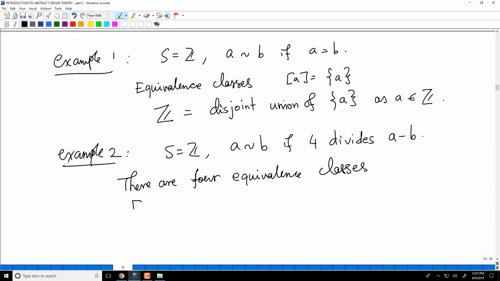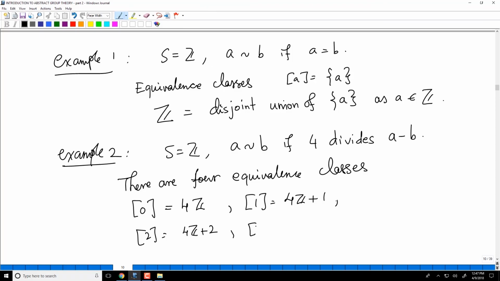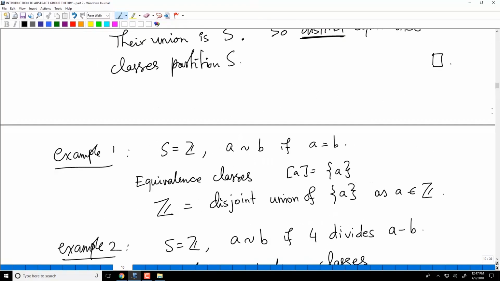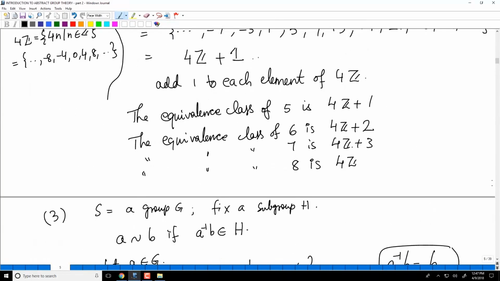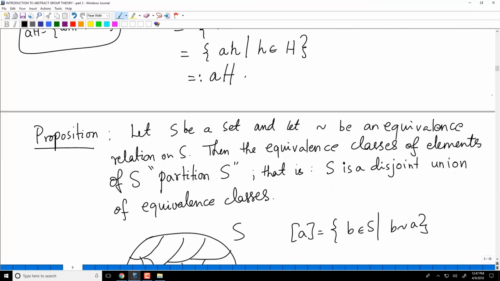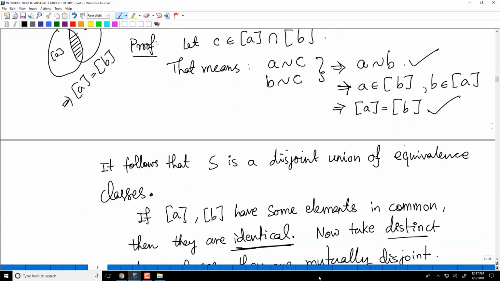Namely the equivalence class of 0, which is 4Z, the equivalence class of 1, which is 4Z plus 1, the equivalence class of 2, which is 4Z plus 2, and the equivalence class of 3, which is 4Z plus 3. If you go back and see the examples, the equivalence class of 5 was just 4Z plus 1, same as the equivalence class of 1. 6 is 4Z plus 2, 7 is 4Z plus 3, 8 is 4Z. So you get nothing new by considering other integers.